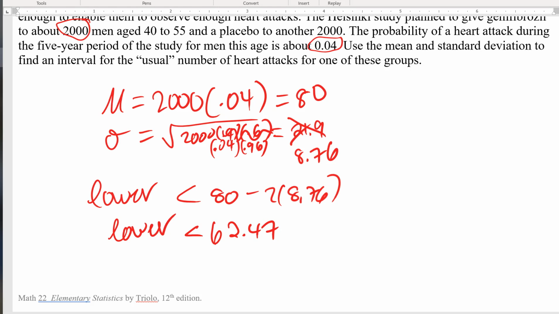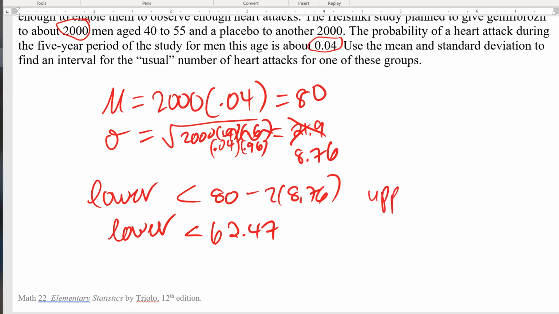Anything below that, we're going, man, this medicine's awesome. So if we gave people this medicine and there were like 60 heart attacks, or 58 or 57 or anything less than this, we would be unusually low. We'd be like, man, this medicine is awesome. It is reducing the number of heart attacks. It's significantly below what we would expect.